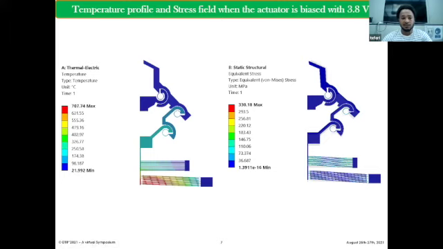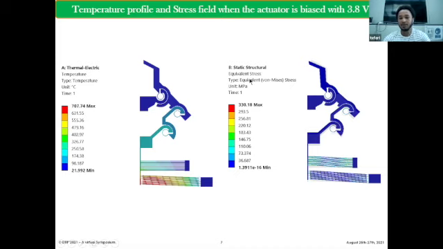And to say whether our design is safe or not, we have to check the temperature profile as well as the stress field. As we see here in the temperature profile, the maximum temperature is 707 around the shuttle of the electrothermal actuator. When we compare this maximum temperature to the melting point of the material, that is silicon, it is lower, so it is an acceptable value.